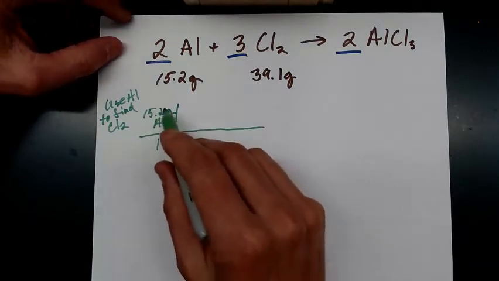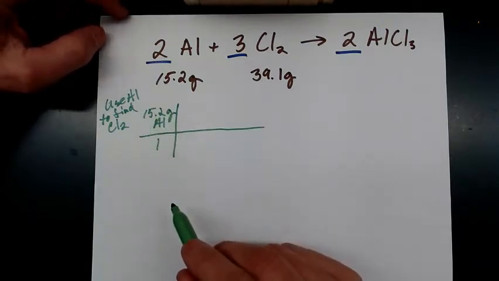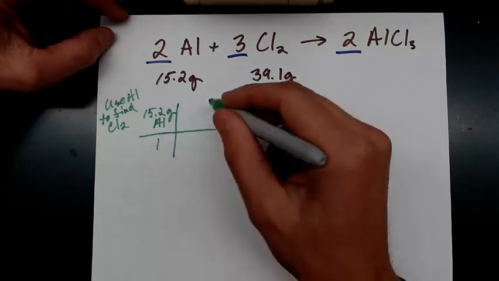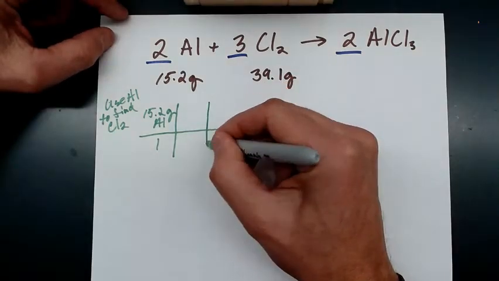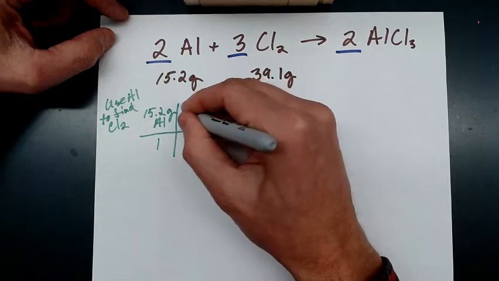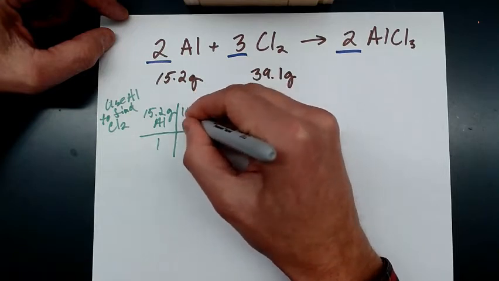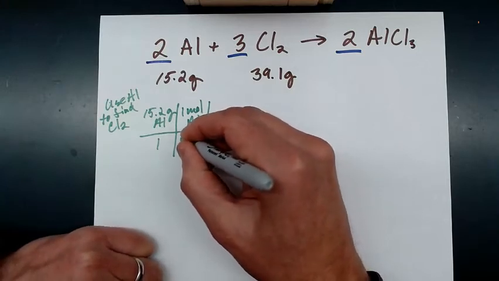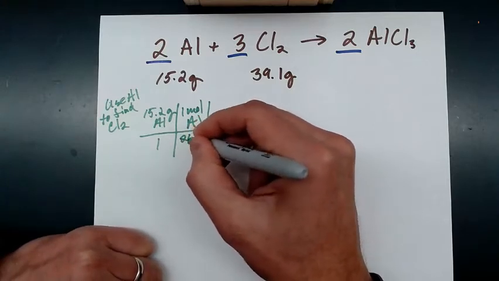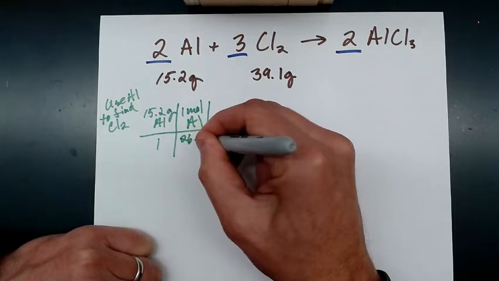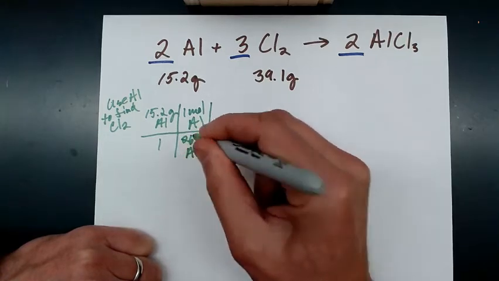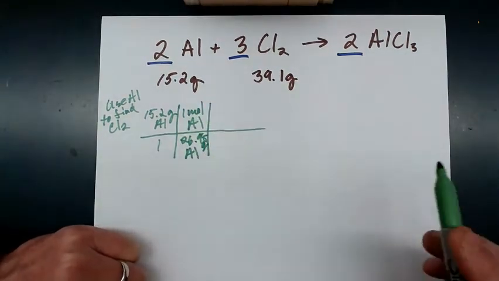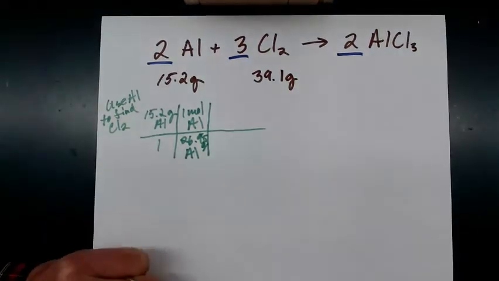We're going to start with my given. The next thing we're going to do is the molar mass. So I know that 1 mole of Al, based on a periodic table check, is 26.98 grams of aluminum. So there's my molar mass relationship, my mole to grams relationship.